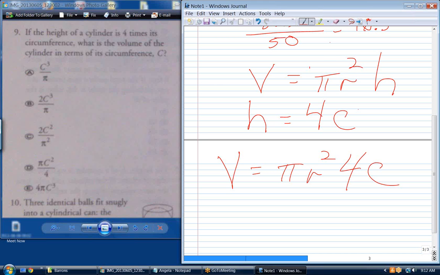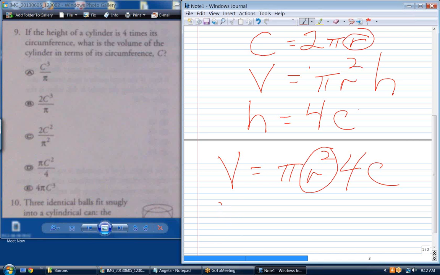What's the other thing we know? I didn't list everything we knew here. What is circumference in terms of radius? Circumference is 2 pi r. So now we can solve for radius in terms of circumference and substitute that for there.